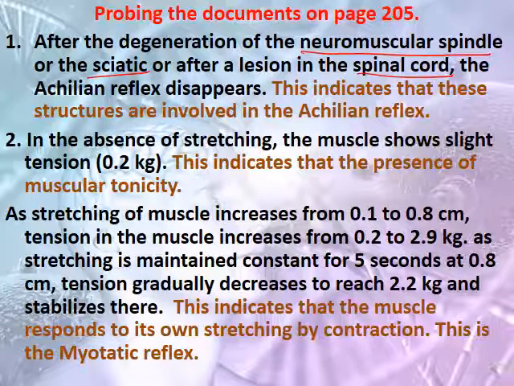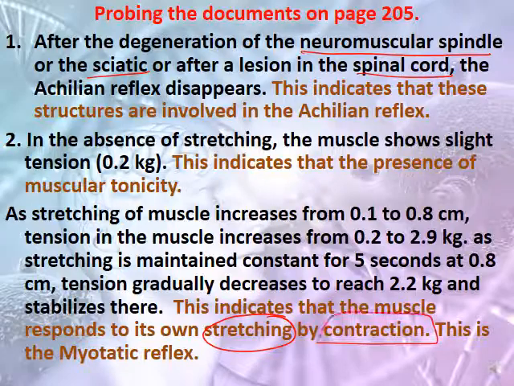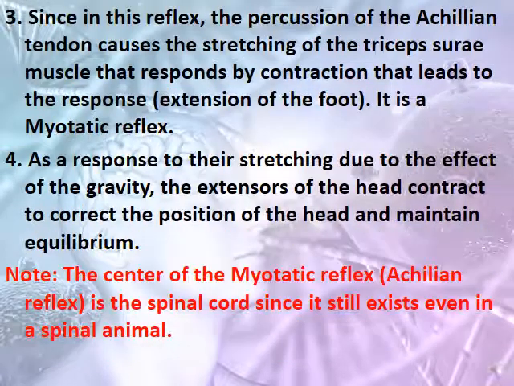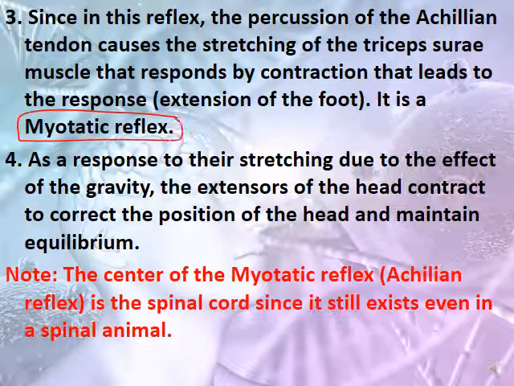This means that the muscle responds to its own stretching by contraction. This is what we call a myotatic reflex. Number 3. In this reflex, the percussion of the Achilles tendon causes the stretching of the triceps surae muscle that responds by contraction that leads to extension of the foot. This is a myotatic reflex.